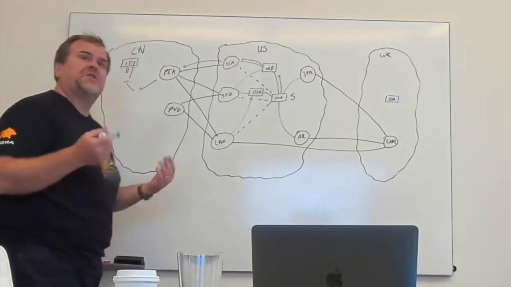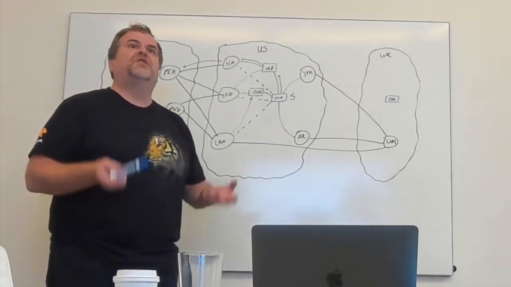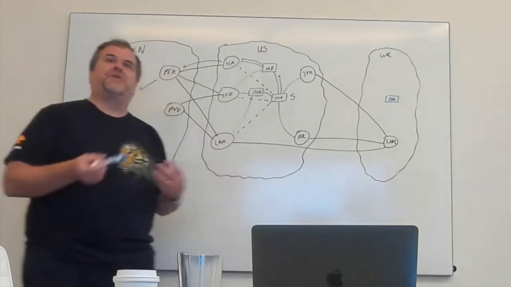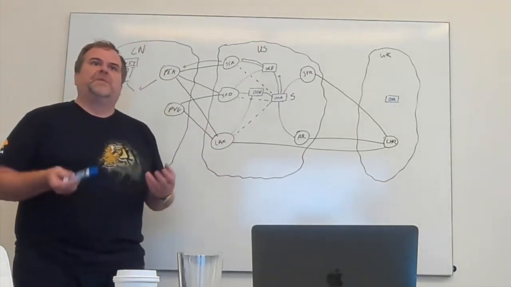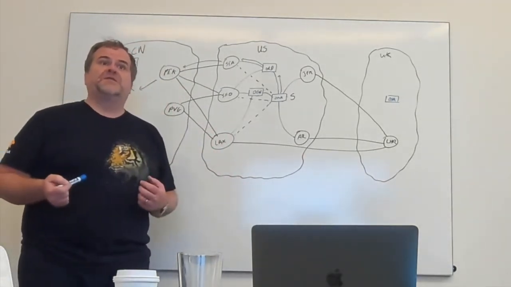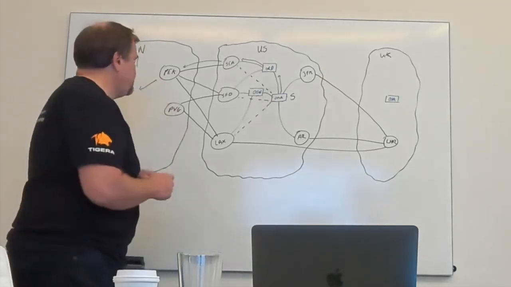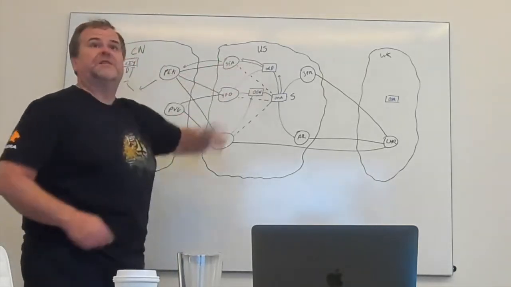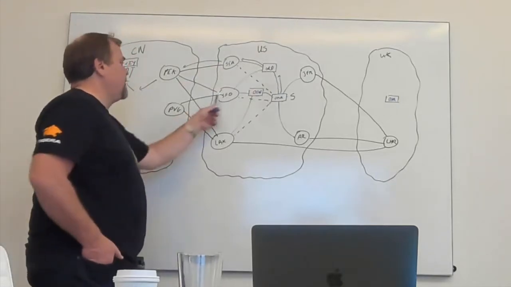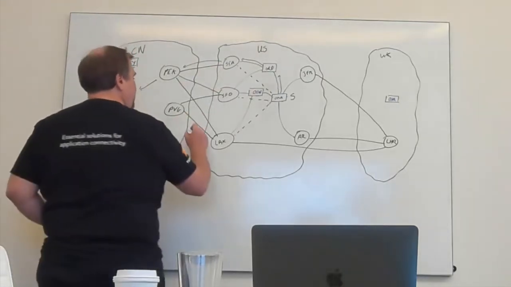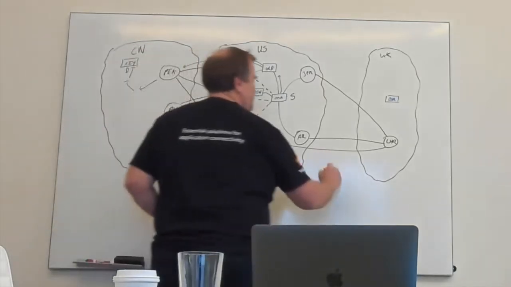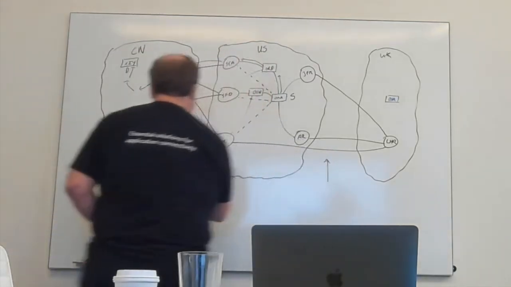So now let's turn this into, first of all, let's look at the different types of routes in this infrastructure. One are the routes between these countries, and we'll call those external routes. So these routes and these routes are external.